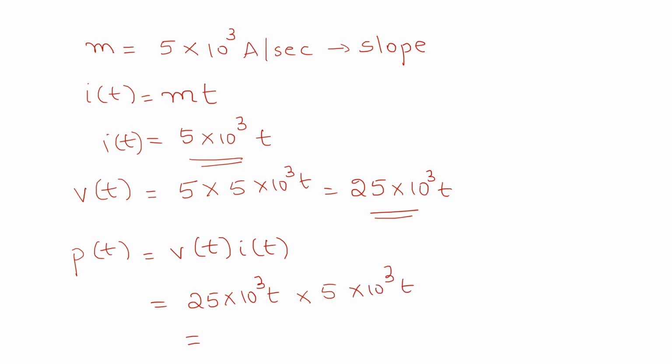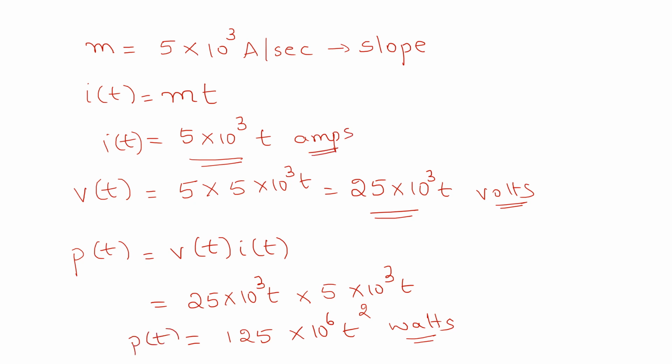So we can write it as 25 into 5, which is 125 into 10 to the power 6 t into t, which is t square. This much is in watts; this is volts, and this is amps. So this is the instantaneous voltage and power.